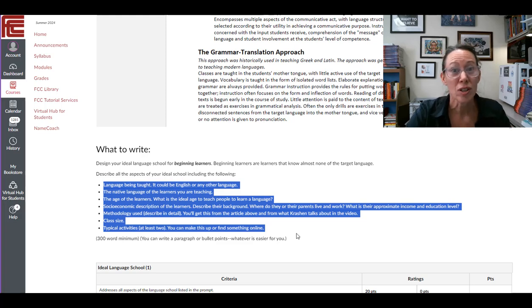You get to choose all of these different factors here: the language being taught, the age of the students, what is the best population of students, all of that. And you can write it like bullet points, or you can give me a paragraph, either way.